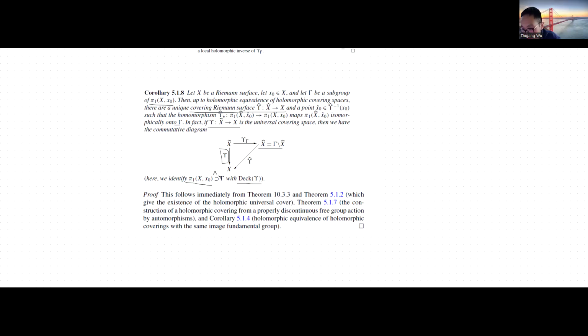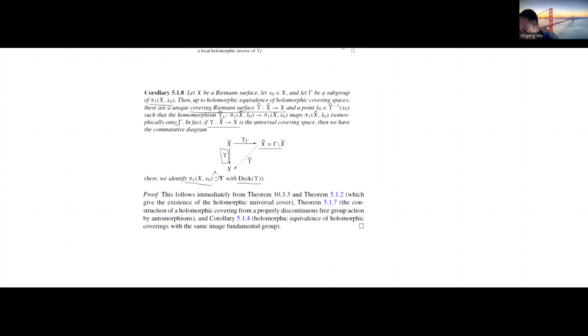That tells you that whenever you have a topological covering space whose image space is a complex manifold, then there is a unique holomorphic structure.